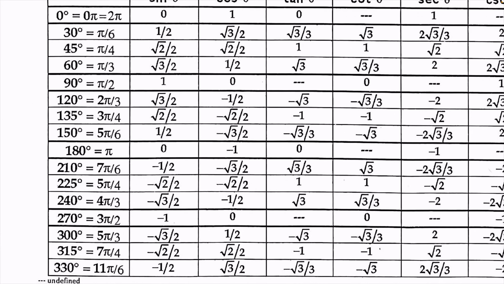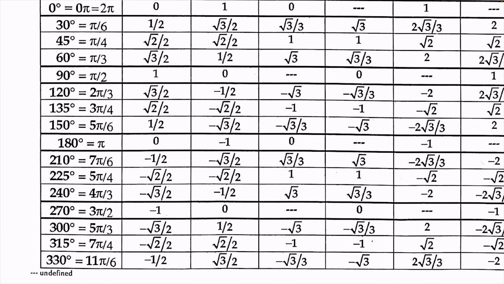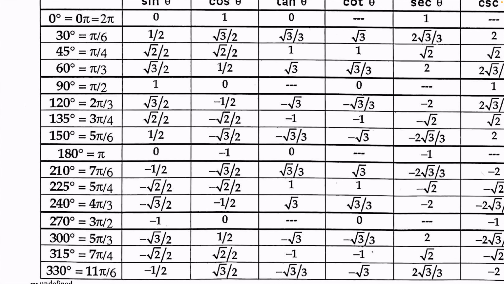Pi over 6 and 4 pi over 3, right? But we'll use the one in the first quadrant. Pi over 3. Oh, no, my bad. Pi over 3 and, yeah, 4 pi over 3, right? Both of those would give me root 3, but we just use the one in the first quadrant. So the one in the first quadrant is pi over 3.